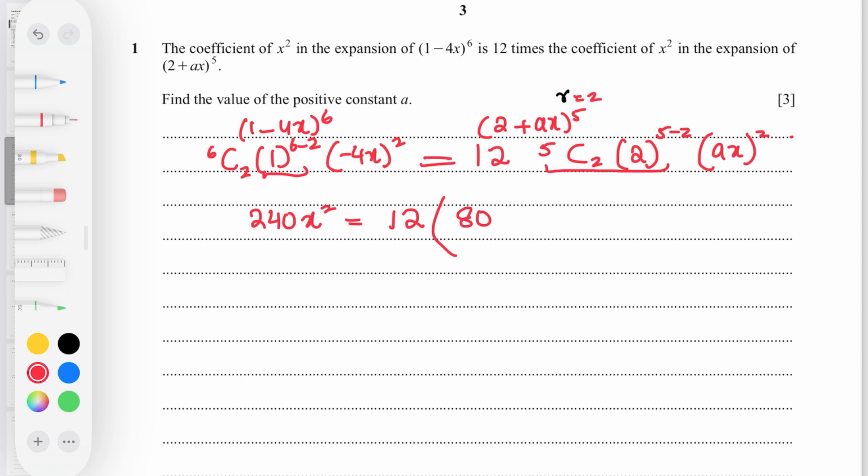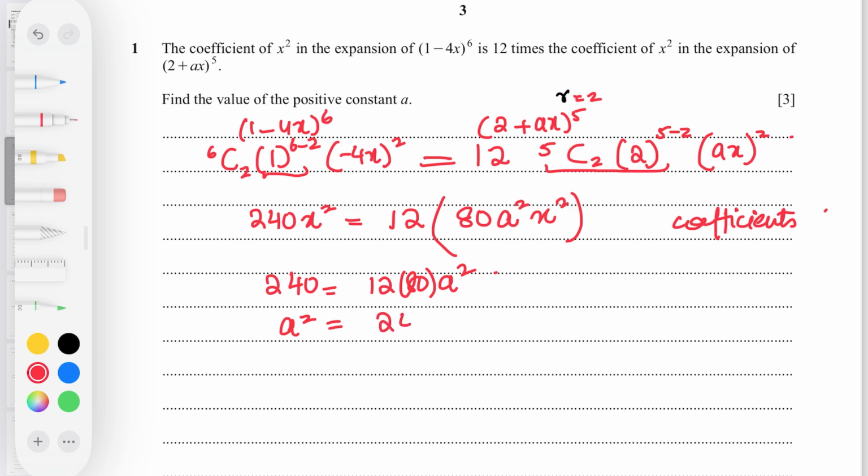I'm using the calculator to do it. And when they say coefficient, just take the coefficients. They said find the positive constant a. That's why I did not write the negative value.